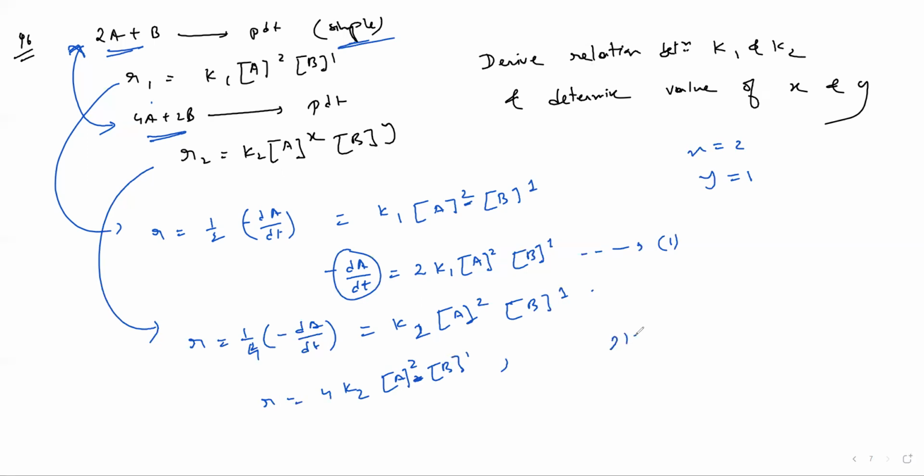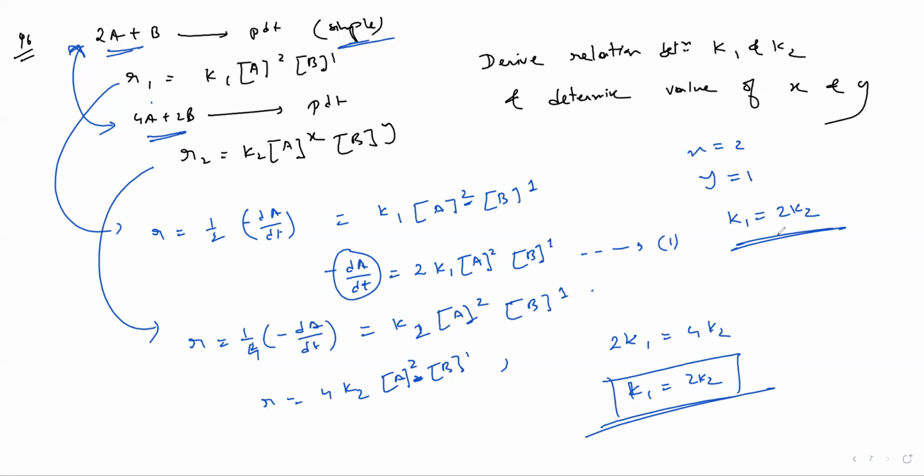Okay. So 2K1 equals 4K2. So K1 equals 2K2. Is it clear? So the relation between K1 and K2 is K1 equals 2K2. Is it clear? Any doubt? So just remember 2-3 points regarding this part.